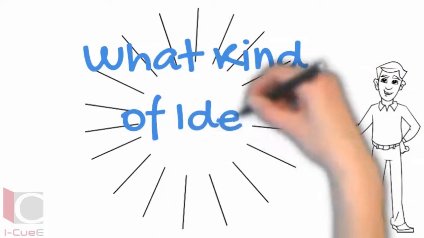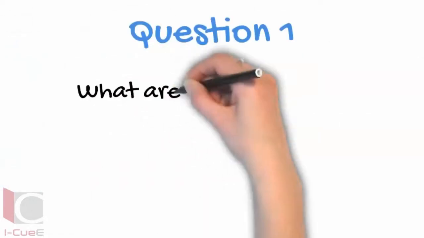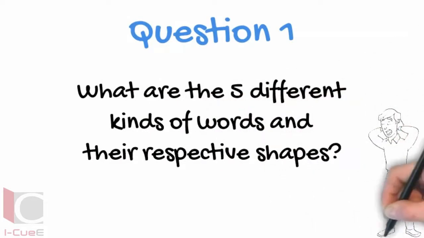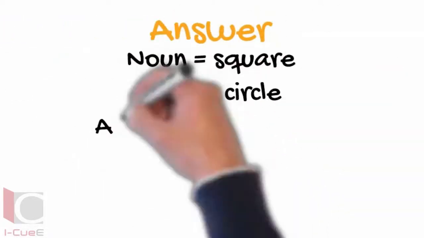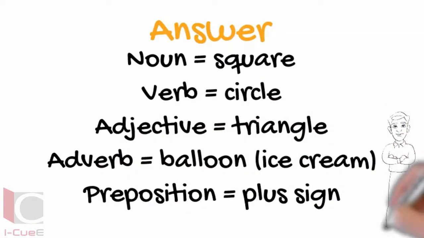What kind of idea is it? What are the 5 different kinds of words and their respective shapes? Nouns are squares, verbs are circles, adjectives are triangles, adverbs are balloons or ice cream cones, prepositions are plus signs.